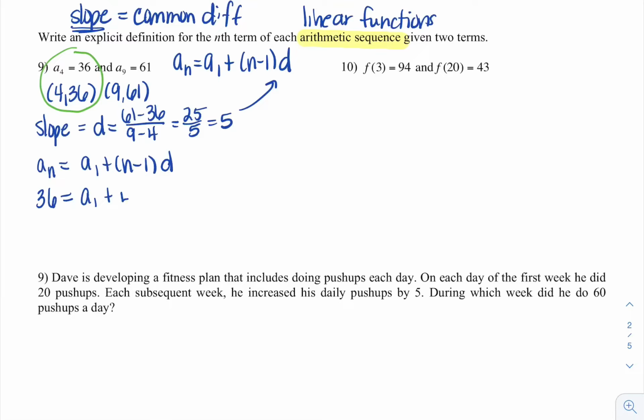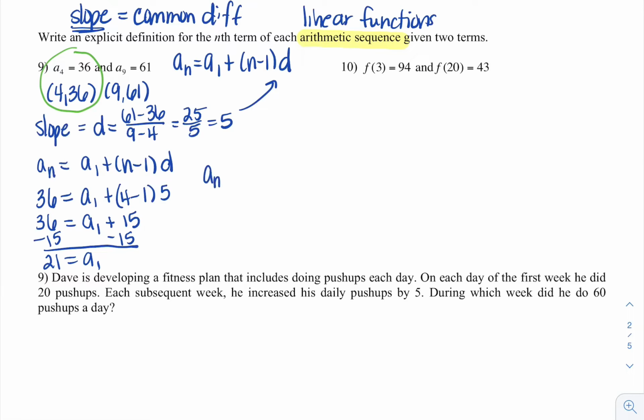To get 36, we had to plug in n equals 4, so 4 minus 1 goes in parentheses, and we just solved that our d value comes out to be 5. As I clean this up a little bit, 4 minus 1 times 5 comes out to be 15, or 3 times 5, and you'll notice that by subtracting 15, I'm now able to figure out my very first term, a sub 1.